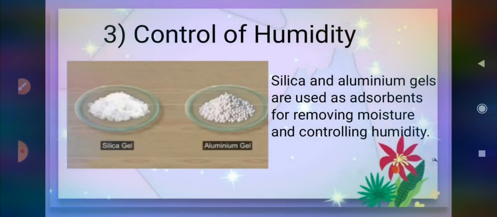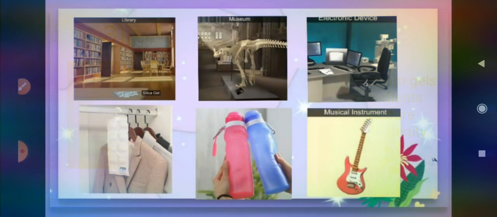Control of humidity. Silica and aluminium gels are used as very good adsorbents for removing moisture and controlling the humidity. So we can find packets of silica gel or aluminium gel used in libraries.